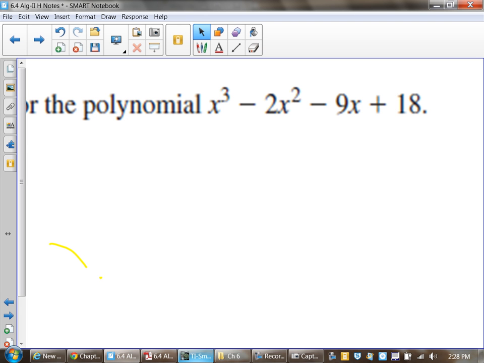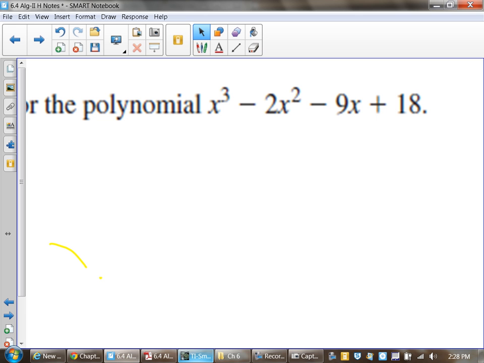In all honesty, I would do it right away. I was just, like I said, it was dumb luck that I had picked two that worked out. I won't be able to do that ever again off the top of my head. In this case, if I want to factor this out, it's a third degree polynomial.